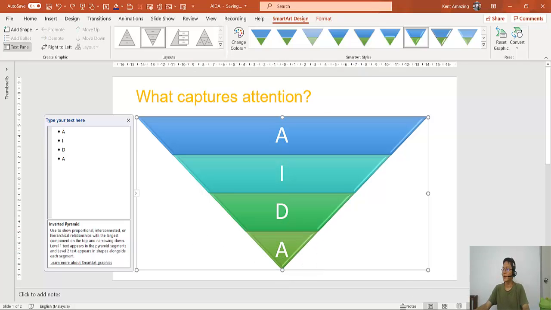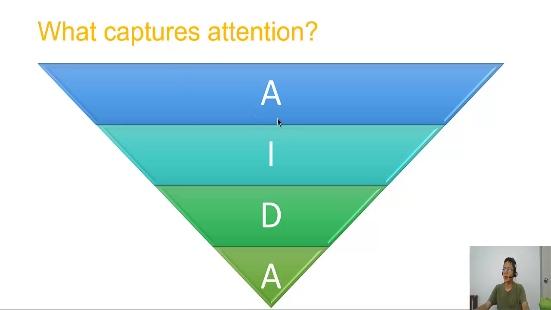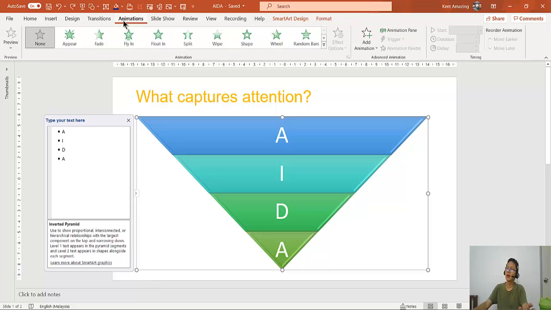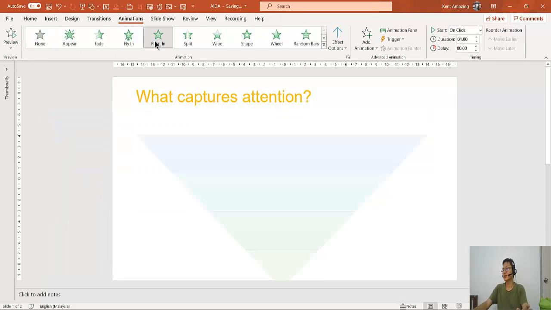Next, if I play here, it just shows all at once. So that cannot capture attention, and it's still full of data. So what we can do is select this SmartArt object and go to the animations, and we choose appear. It can also be float in. Float is also pretty nice.